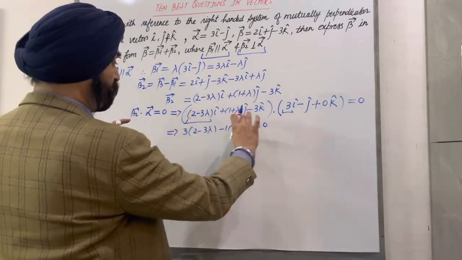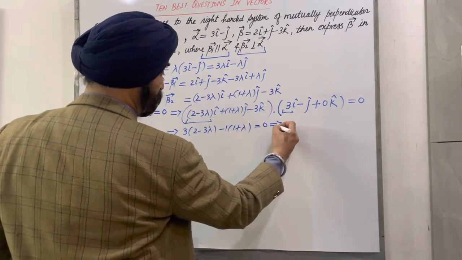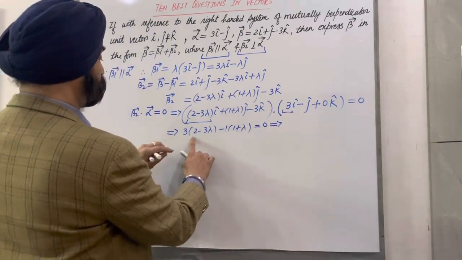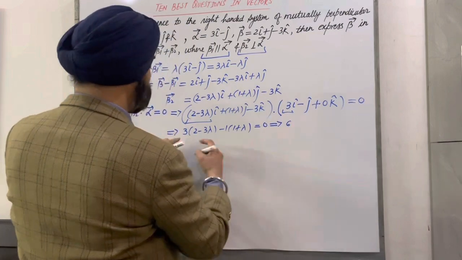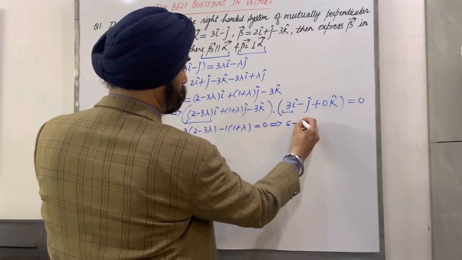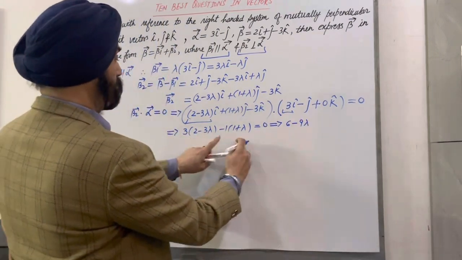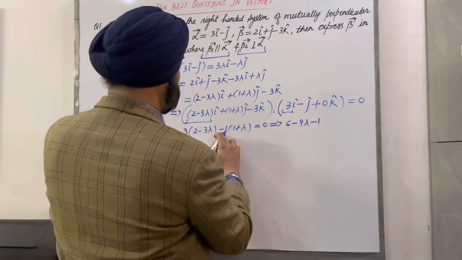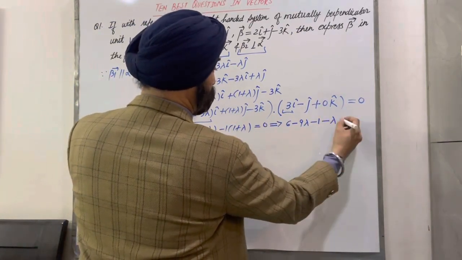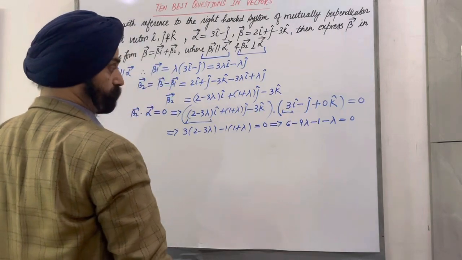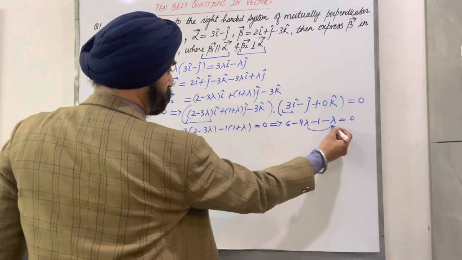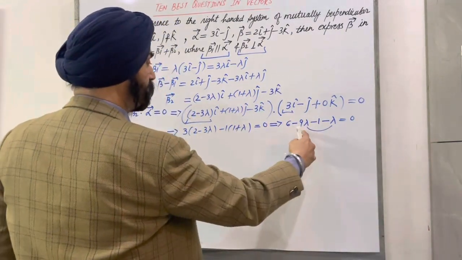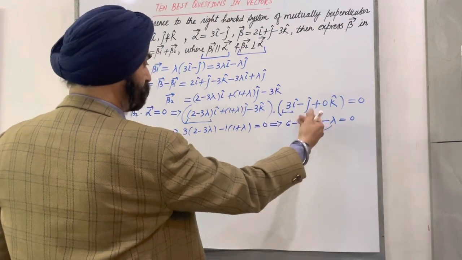We can simplify this portion further. Let us see what happens. We can write 3 2s are 6 over here, minus 9 lambda over here, minus 1 and minus lambda, and on the other side it is 0. We can observe we have lambda appearing twice. We have minus 9 lambda, minus lambda, that makes it minus 10 lambda.